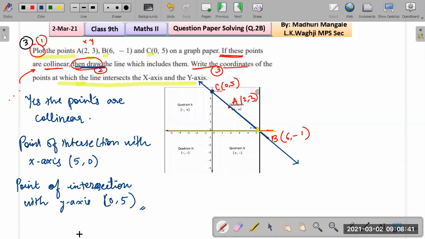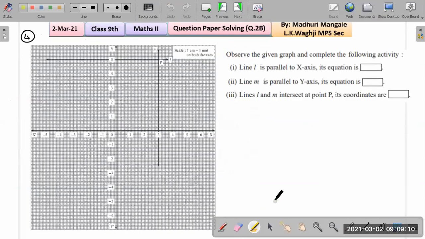If the points are collinear, we have to draw the line, and finally we have to mention the points of intersection of that line with the x-axis and y-axis. Okay, that completes the solution to this question. So remember to break the question, highlight what you are asked to do, break it into parts, and then answer it accordingly. Let us move to the next question, question number 4.